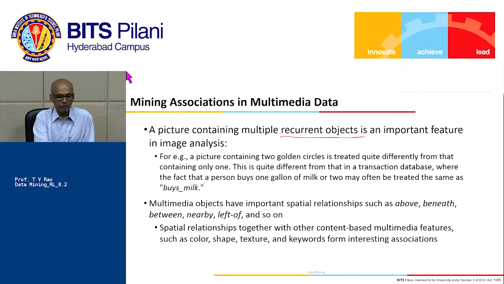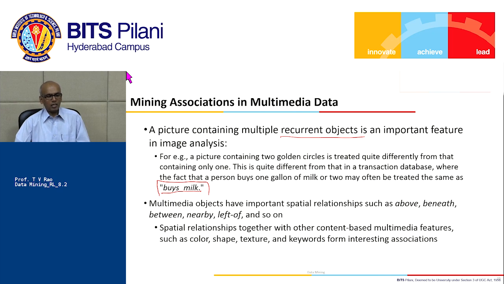When we say a person buys a gallon of milk, we treat it the same way as the person buys milk. Even if the person buys 5 gallons of milk, we treat it as the same relationship, that is, buys milk. But in an image, the existence of one circle is different from the existence of 5 circles within the same image.